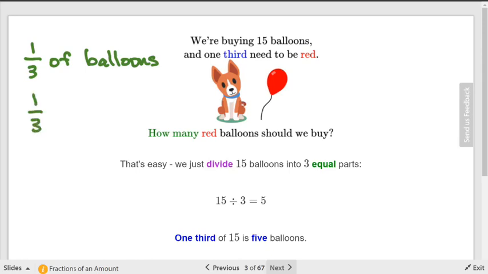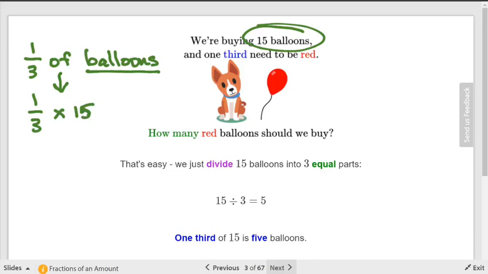Anytime you see the word of, that is another mathematical operation. Does anybody know what that word means? Starts with an M? It means multiplication. There you go. So it means to multiply. And then, how many balloons in this case do we have? 15. Right?